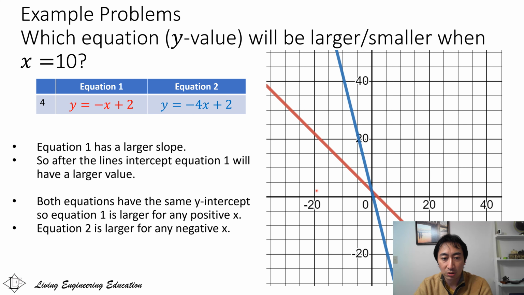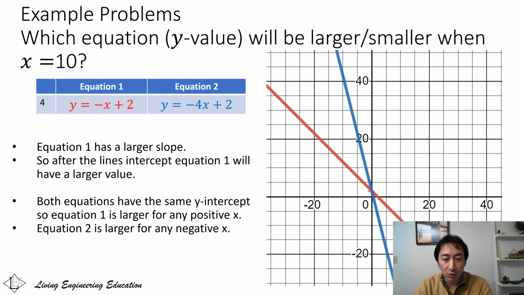So here's the blue line with a larger negative slope, and here's the red line with a smaller negative slope, right? So you have to be careful sometimes about the value you're looking at, right? Are you comparing 4 and 1, or are you comparing the values negative 1 and negative 4?